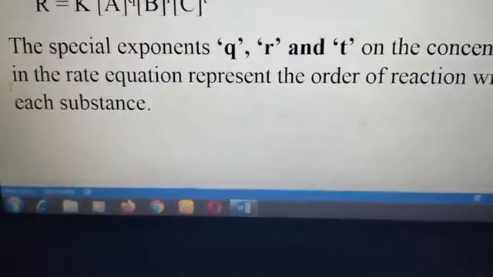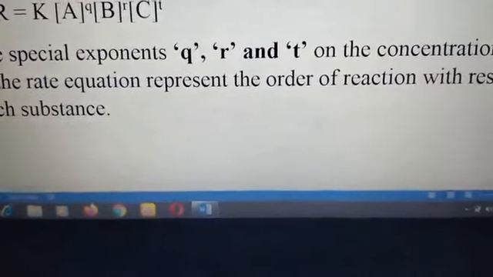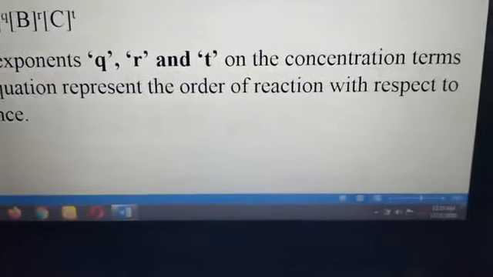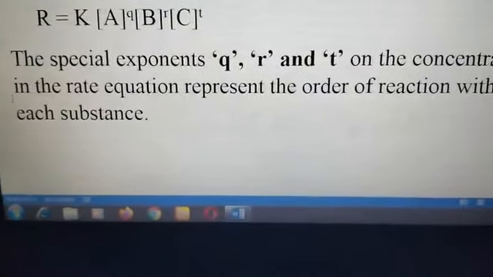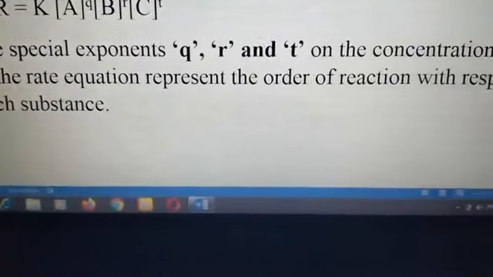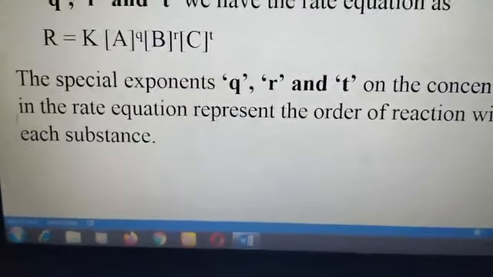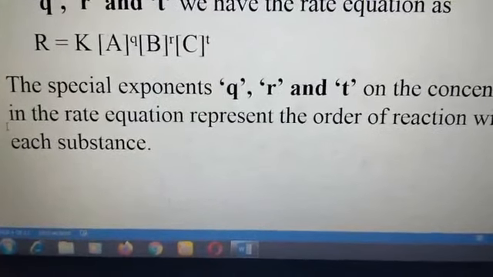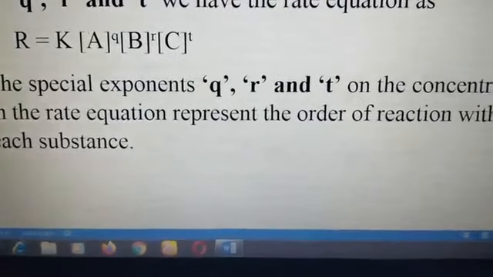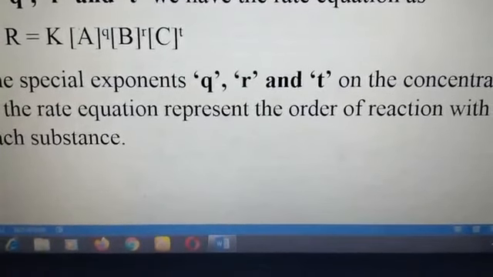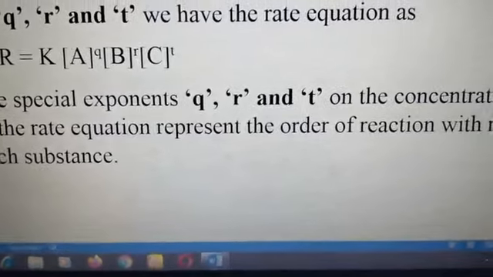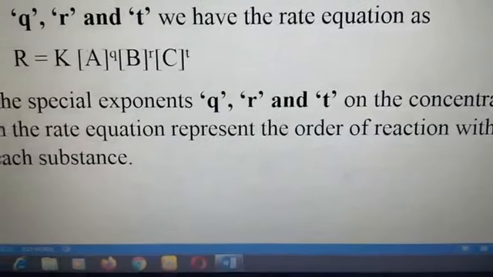So the special exponents Q, R, and T on the concentration terms in the rate equation represent the order of reaction with respect to each substance. Q is the order of reaction with respect to reactant A, R is the order of reaction with respect to reactant B, and T is the order of reaction with respect to the catalyst.